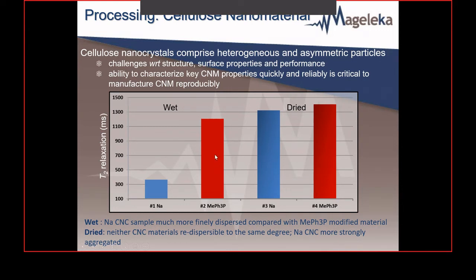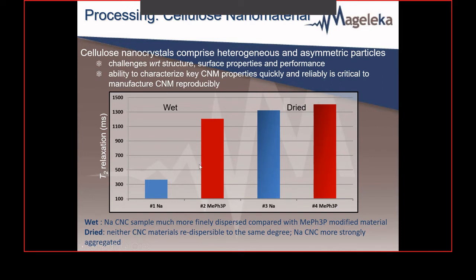But what we see here in these wet dispersions to begin with is that this one is very well dispersed and this is poorly dispersed. Understandable, of course, because this is a more hydrophobic surface. But if you now take these CNCs and dry them and then attempt to redisperse them, what you find is the sodium one doesn't redisperse very well, because by drying it you've essentially coagulated the CNC, and it's stuck together.